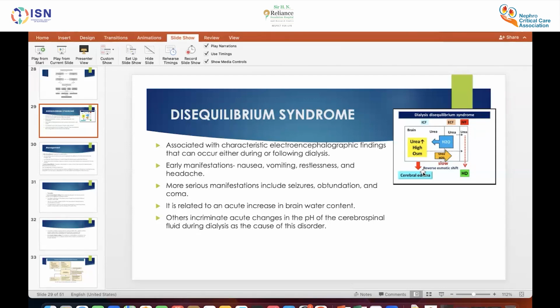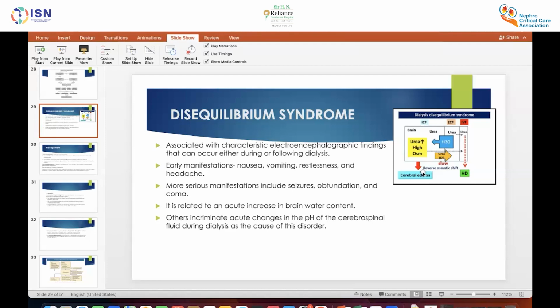It depends upon the rate of rise, how slowly it has risen, and also whether the body or the brain has adjusted to it. That is when the disequilibrium happens in that scenario. So in that scenario, we give 2 hours, 2.5 hours of dialysis the first day, then 3 hours the next day, then give a gap, then give another 4 hours another day.